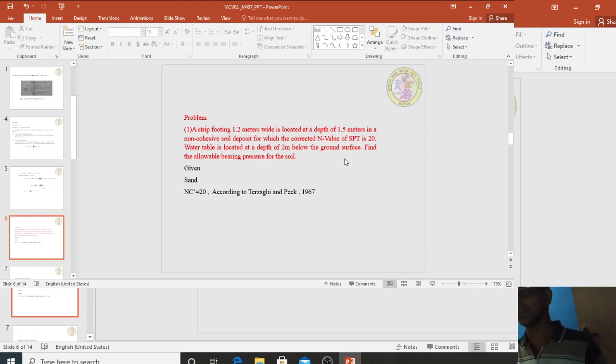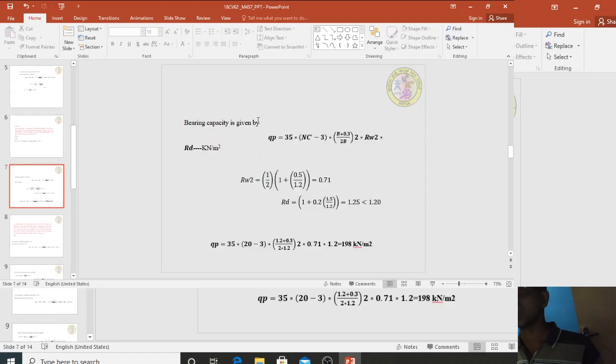According to Terzaghi and Peck in 1967, the bearing capacity is given by the formula QP is equal to 35 into NC dash minus 3 into the quantity B plus 0.3 divided by 2B, whole square, RW into RD kilonewton per meter square, where RW is half of 1 plus ZW divided by DF, that is 0.7, and RD is 1 plus 0.2 DF by B, that is 1.25, which should not be greater than 1.2, so substitute it as 1.2 only. Then your QP value will be 198 kilonewton per meter square.